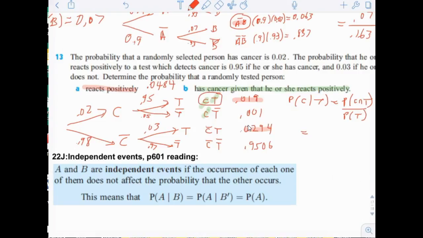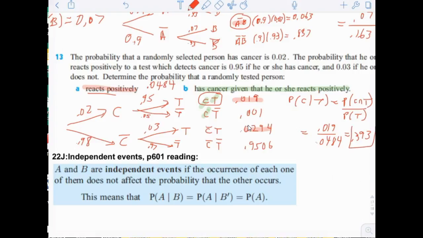The probability of T, we already found that in part A, it's 0.0484, right? So now we just divide 0.019 by 0.0484, and we get 0.393. And that is the answer.